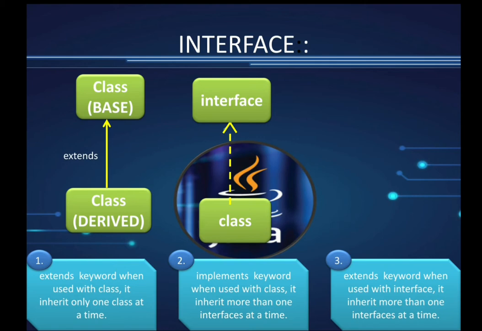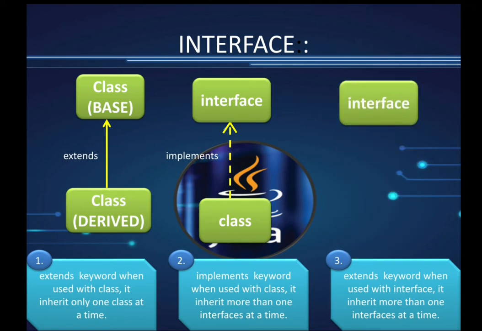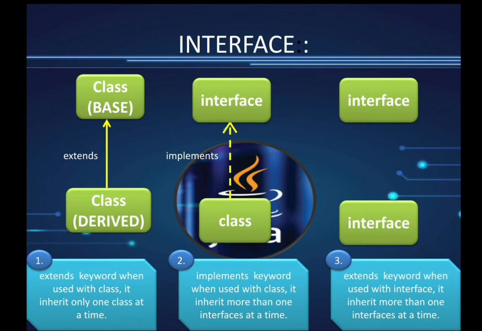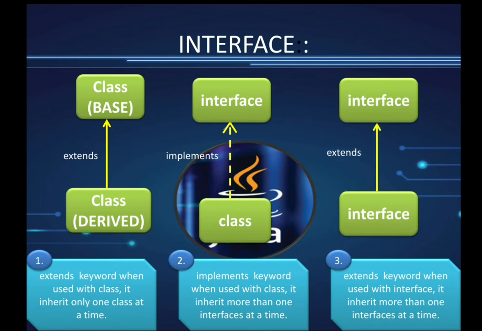We can inherit any number of interfaces by using implements. And the third point, see, the extends keyword, when used with an interface, inherits more than one interface at a time. Means we can inherit an interface in another interface by using the extends keyword. Any number of interfaces we can inherit by using the extends keyword by putting commas.